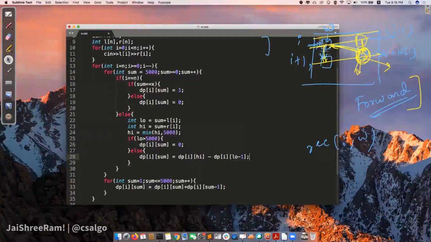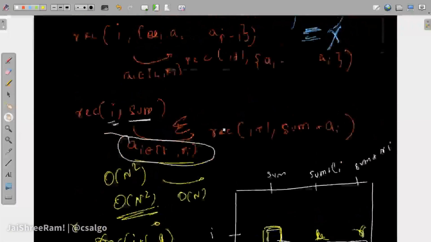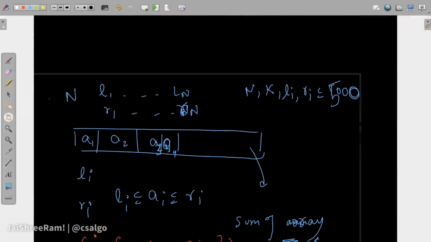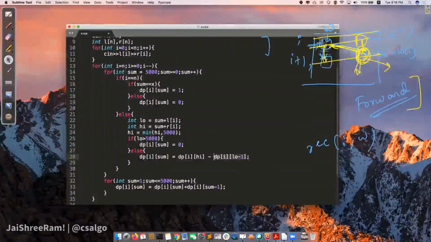Now note that I'm not checking whether it's negative or not, because in the original problem everything is positive, like li is positive. I think I've written that. So every constraint is almost always positive, that is given. If it's not positive, then you can take modulo in place and check whether low minus 1 is becoming less than 0. In that case, make it 0.